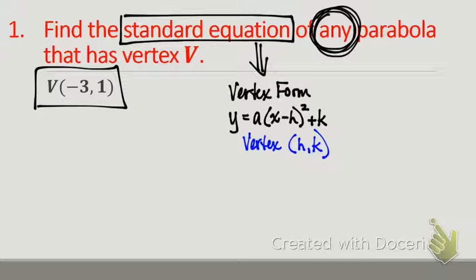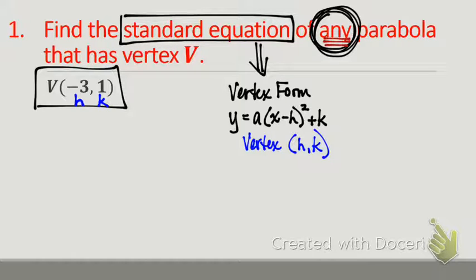Here where it says I want this to be true for any parabola, well, they gave me a vertex, so which pieces are definitely decided? H and K. Here's H, here's K. So all of these parabolas have to have the same vertex. So what's allowed to be different about them if they have to have the same vertex?